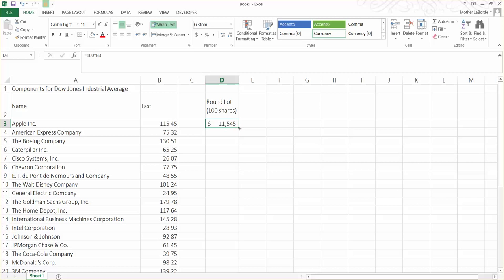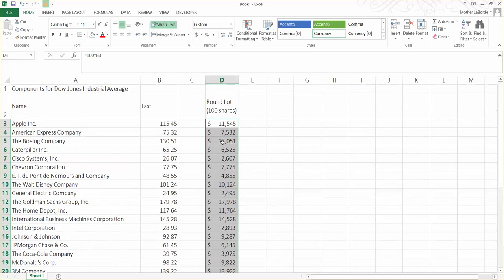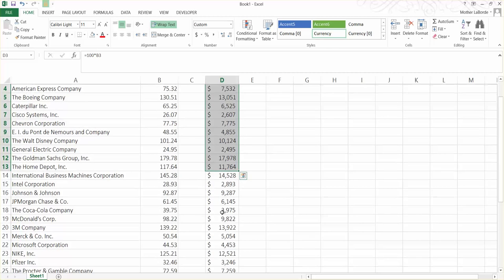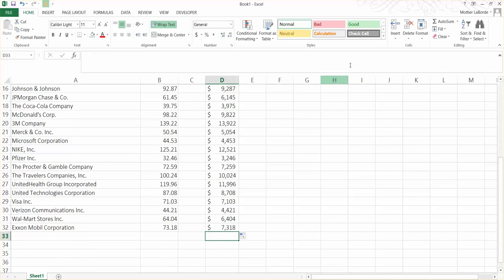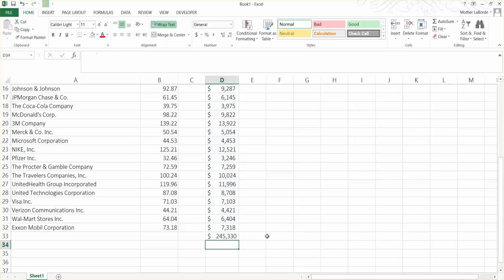And then I can just copy this down and Excel will figure the price for 100 shares of each one. So 100 shares of American Express would be 100 times the price of $75.32. So one round lot in each of these 30 stocks. And now down here I'm going to just sum the cost of each of the round lots.